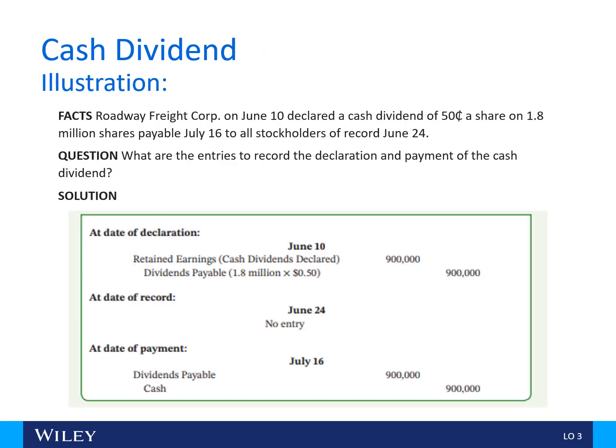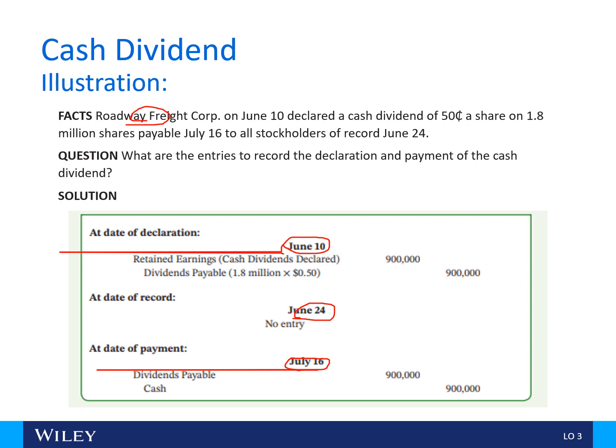So again, to explain how this works, many times what you'll see or read in the paper or on CNBC is that Roadway Freight Company is going to declare a dividend on June 10th for shareholders that own the company stock as of June 24th, and that dividend is to be paid out on July 16th.